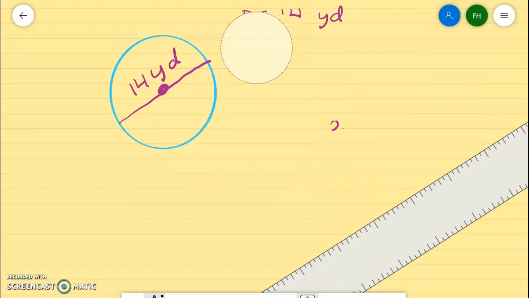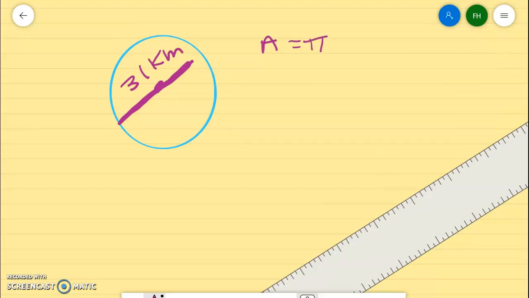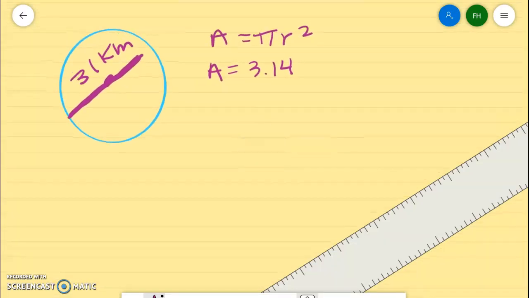Okay, and then let's see. The next one is 31. And the formula, we're still doing area, is pi r squared, and pi is 3.14. This is the diameter, so the diameter is 31. We need r.